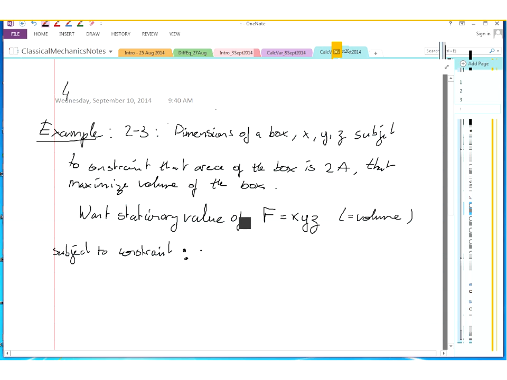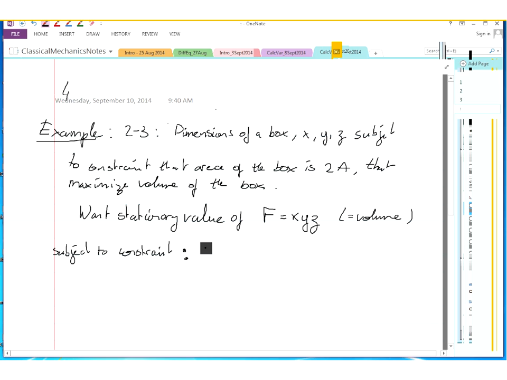All right, so the box has 6 faces. It's a box that you can close. So there's two faces that have dimensions x and y. There's two faces that have xz, and then there's two faces that have yz.